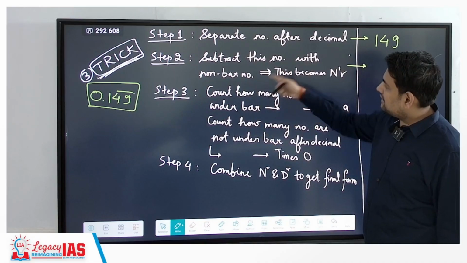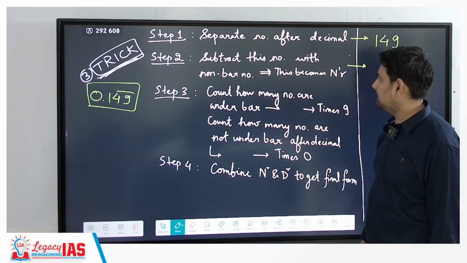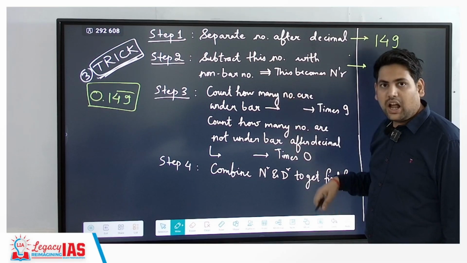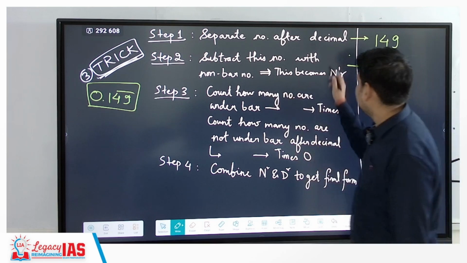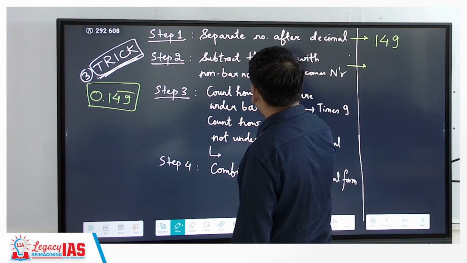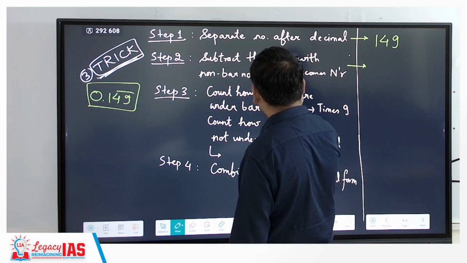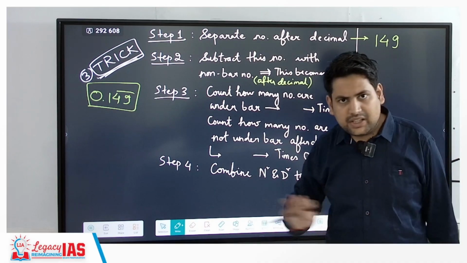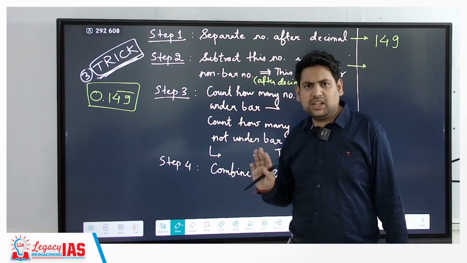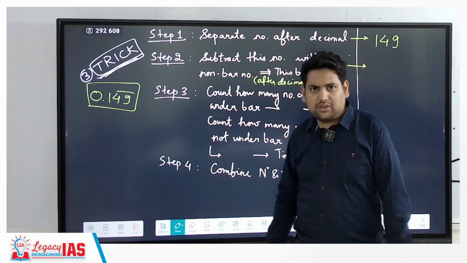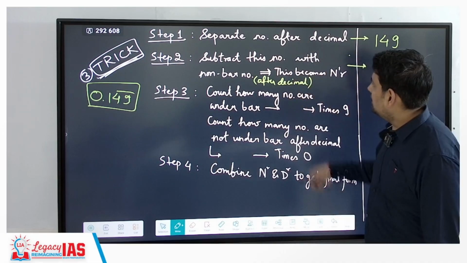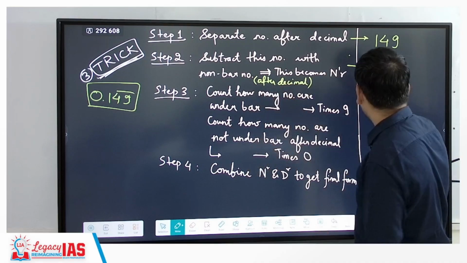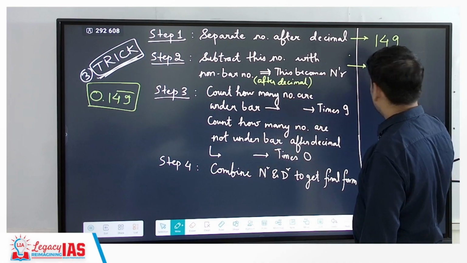Then what you do? You subtract this number with the non-bar number after the decimal. This bar number, non-bar number, everything we will do for numbers after the decimal only. Before the decimal we are not worried. So 149 is there, this number.